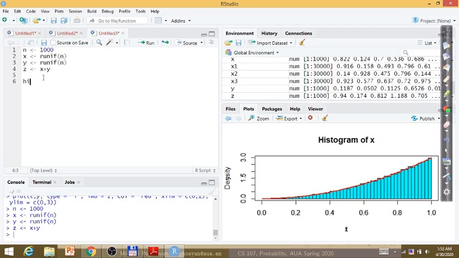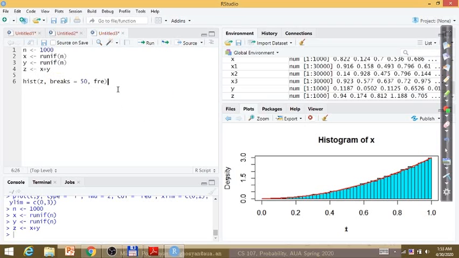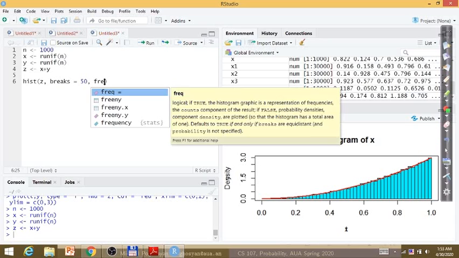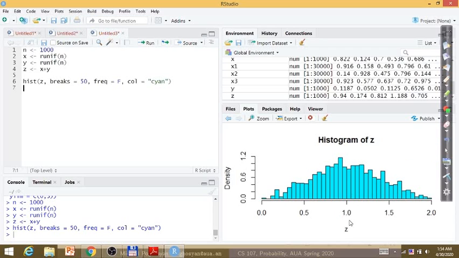And I am plotting a histogram, just this. Histogram of z, breaks maybe 50, freq equal to FALSE. Yeah, maybe col is cyan. Yeah, something like this.